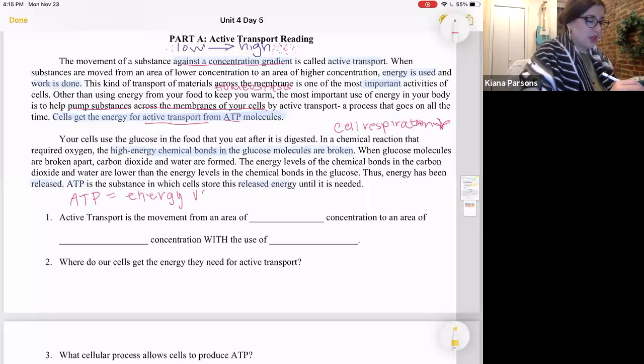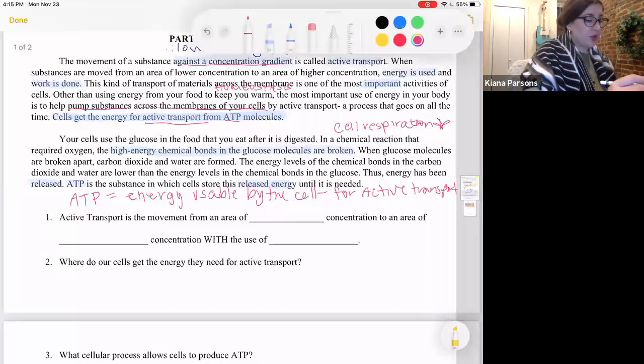Energy usable by the cell for active transport, and basically everything else that our cells need to use energy for, but in this case, we're talking about active transport. So let's name it.